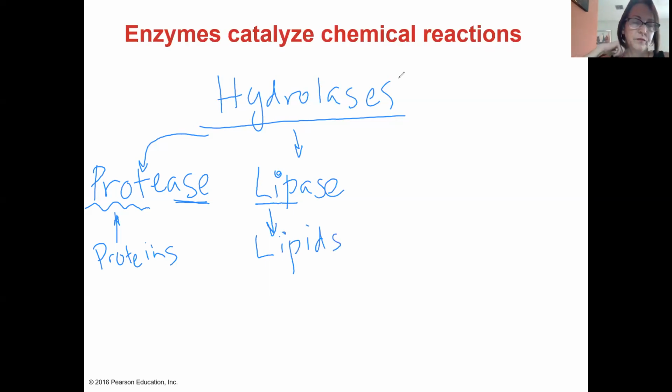Okay, so this first row in here is about the enzyme. This second row in here is about the substrate. It means in what molecule do they act.